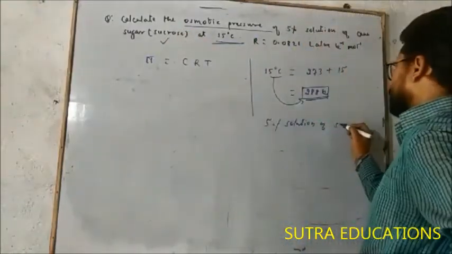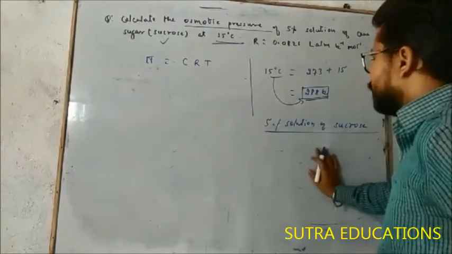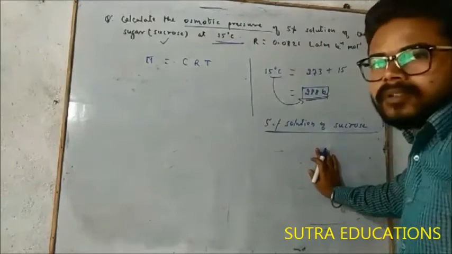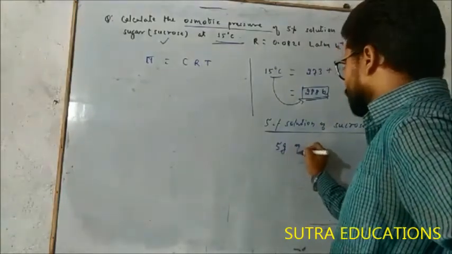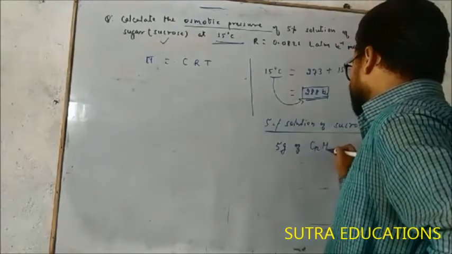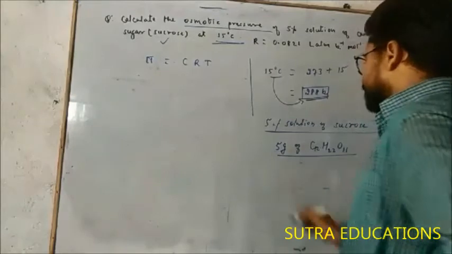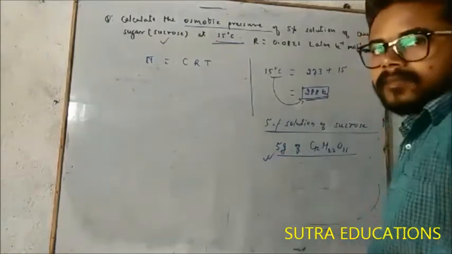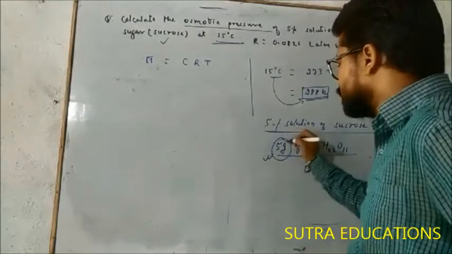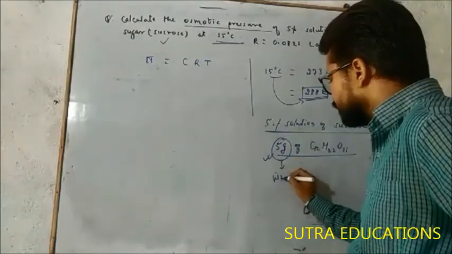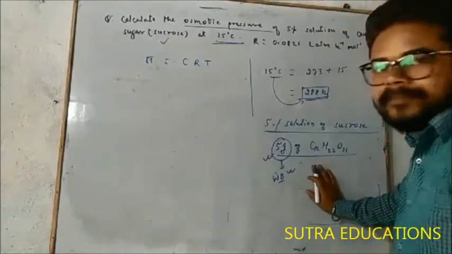So a 5% solution of sucrose means 5 gram of C12H22O11 is there. This is the mass of solute, WB. So WB is equal to 5 gram.